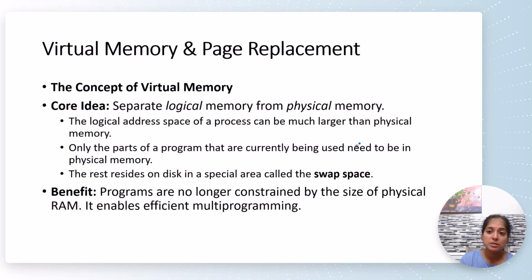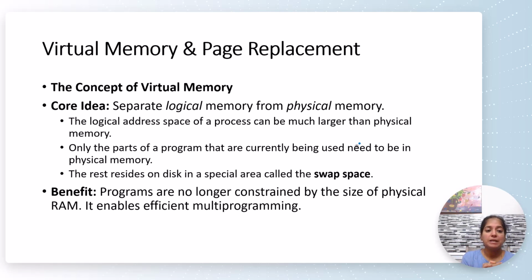Let's say my process is larger than the physical memory. Only the parts which are currently executing will be in the physical memory. The rest of the parts reside on the disk, which we call swap space.